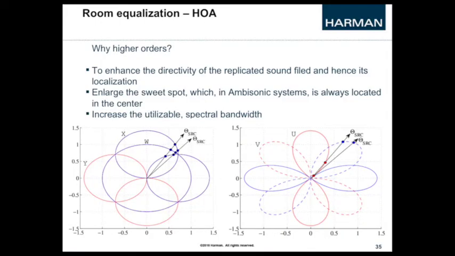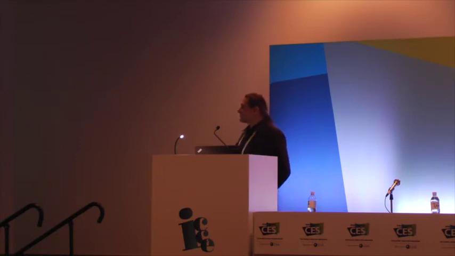Okay, but why do I need higher orders? As I said before, first of all, I can increase the spectral range, or I can increase the sweet spot area where it works. But another important thing is localization accuracy. This is seen by following two different sources, using on the one hand only higher order ambisonics up to first order, and on the other hand up to the second order.